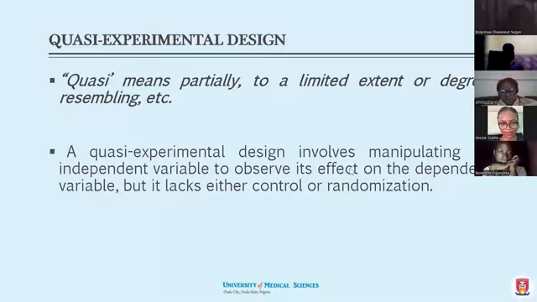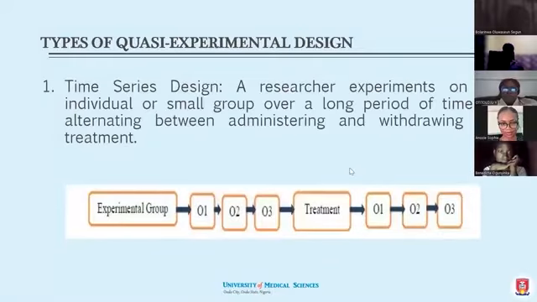Because you are going to observe the effects of that manipulation on the dependent variable. So you have to introduce your treatment, but quasi lacks either control or randomization, or both can even be absent. That's what makes it quasi, not truly or purely experimental design.